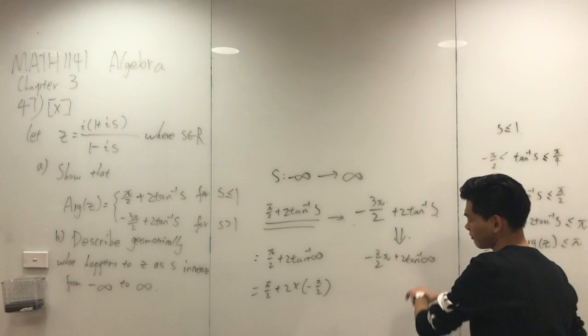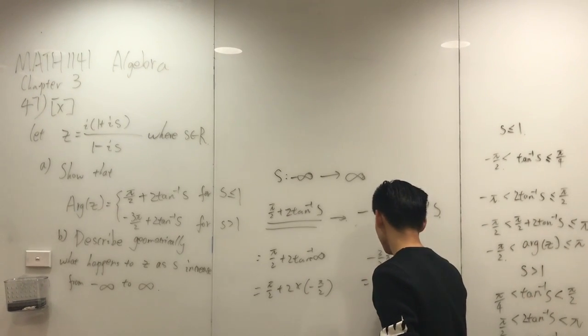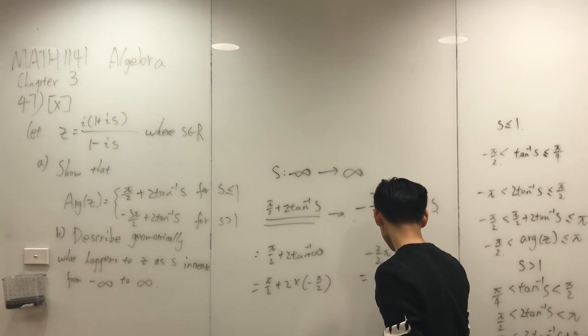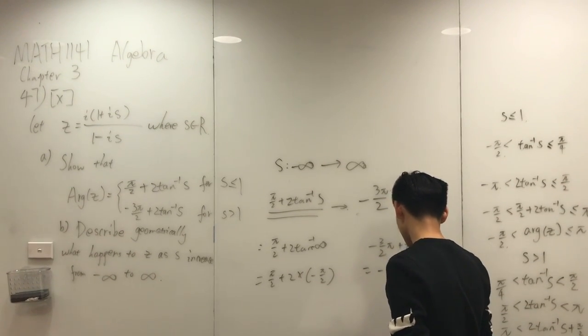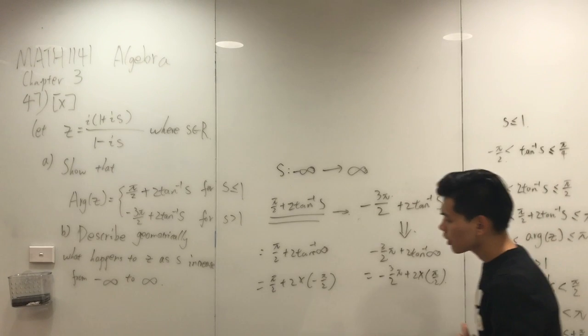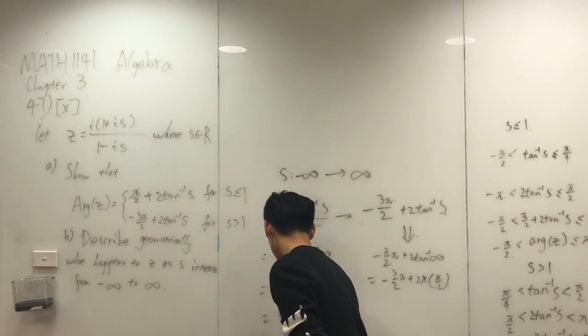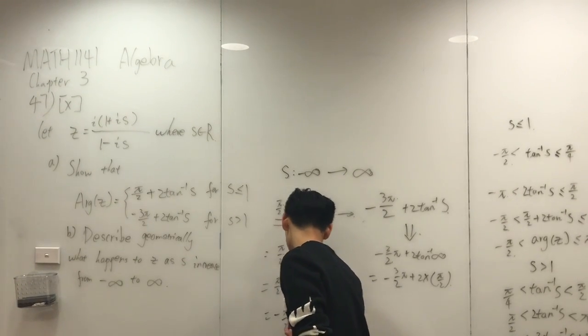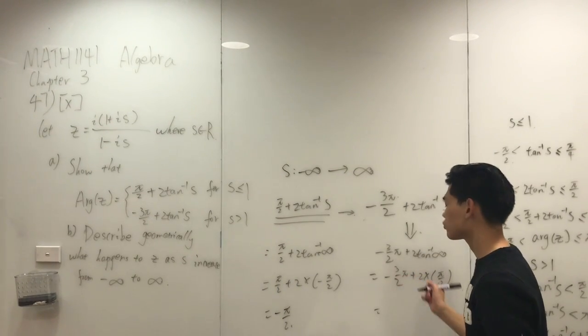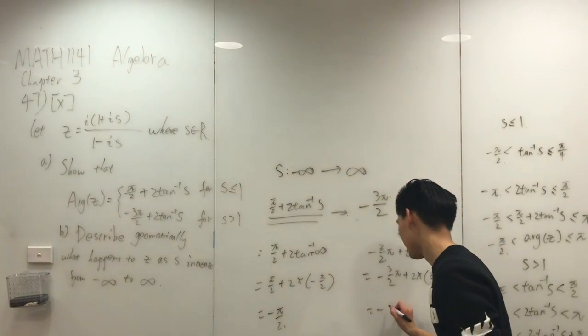When you are at positive infinity, it will be negative 3 pi/2 plus 2 times pi/2. And then pi/2 plus negative pi will be negative pi/2. And negative 3 pi/2 plus pi will be negative pi/2.